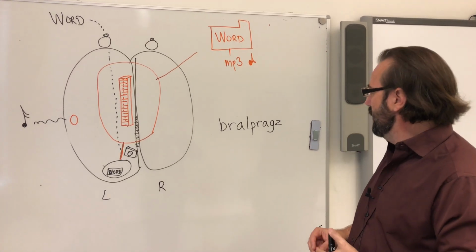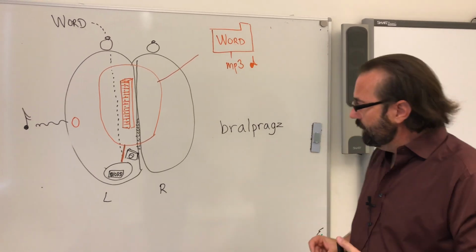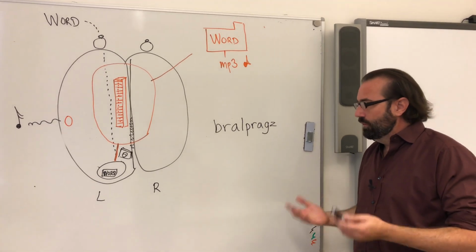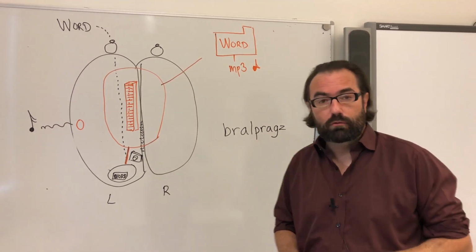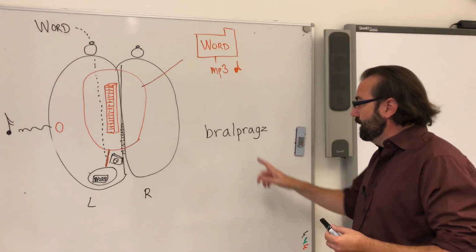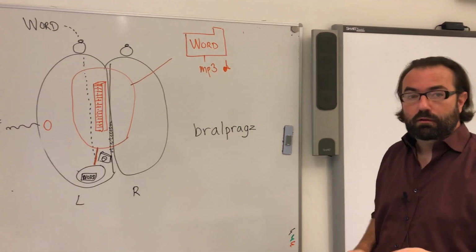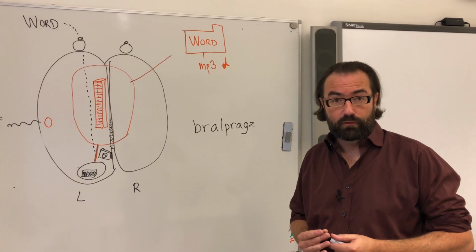It says Braille Prax. So people who do not have dyslexia will be able to read any word, and people who have dyslexia will feel very challenged when encountering words they have not seen before.